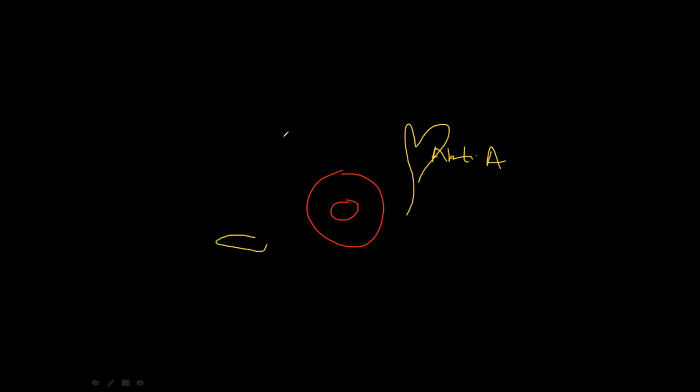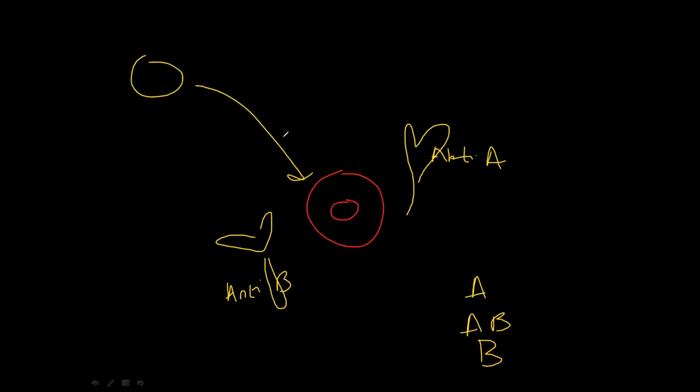And in my plasma, I also have an antibody called anti-B, which is what makes me incompatible to receive A blood, AB blood, or B blood. I can only be given O because of these antibodies.